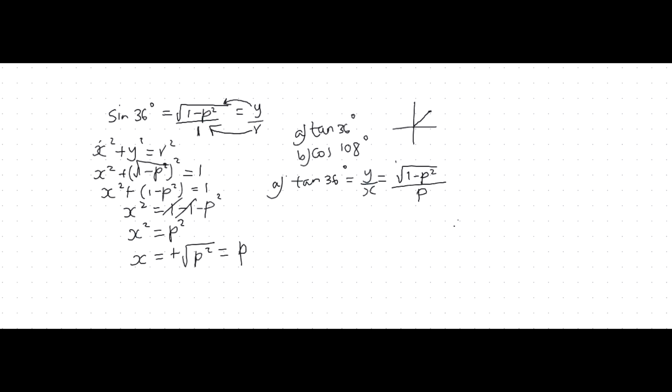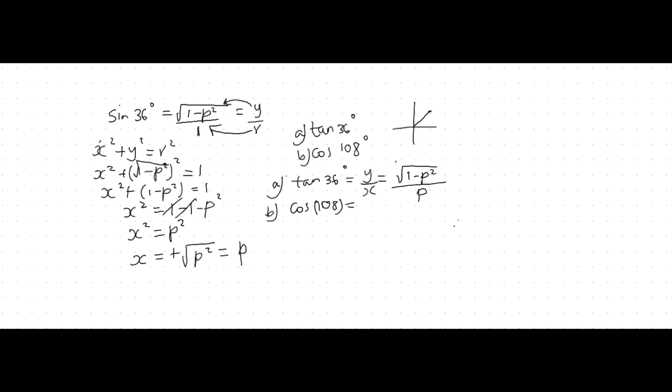Then for the second one, we find ourselves having cos 108. Since we start by checking the angles that we are given, 36 and 108 have no relationship, but you need to find a means to make them relate to each other.